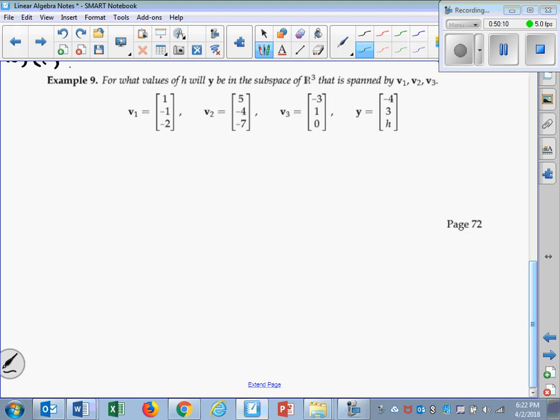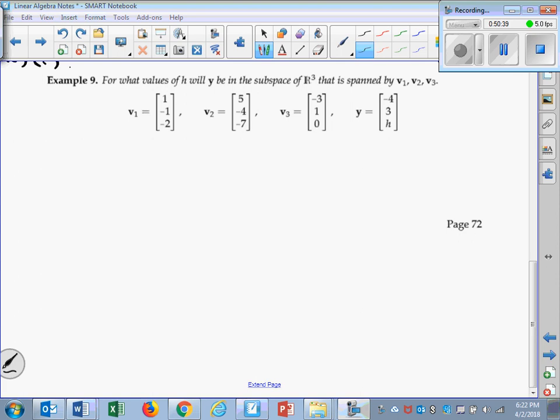They say, for what values of h will y be in the subspace of R3 that is spanned by these three vectors? So we've got three vectors, v1, v2, v3, and y. We want to find what value of h will make y a vector inside the span. This is something that we've done before, so it should be very familiar.